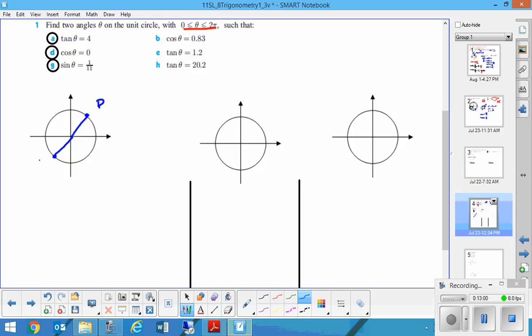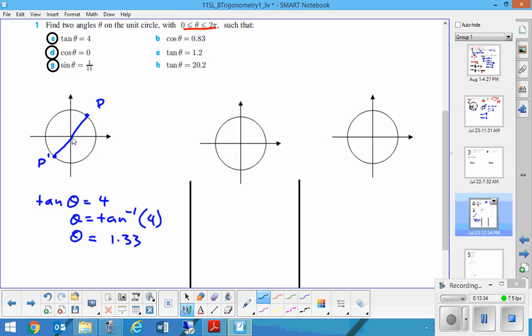So 2 possible answers for our point, both with the same positive gradient. So if we know that tan theta equals 4, theta equals tan to the minus 1 of 4. If you do that in your calculators, you come out with 1.33. Don't forget we're in radians. 1.33 radians.